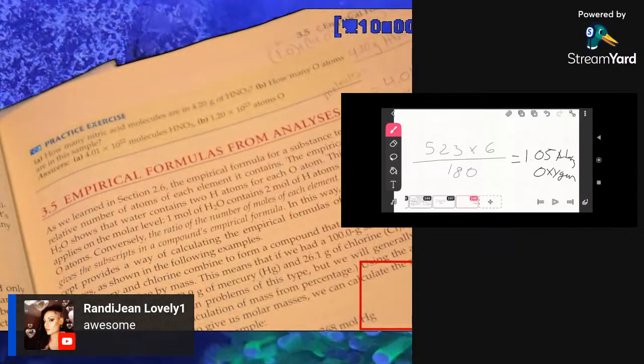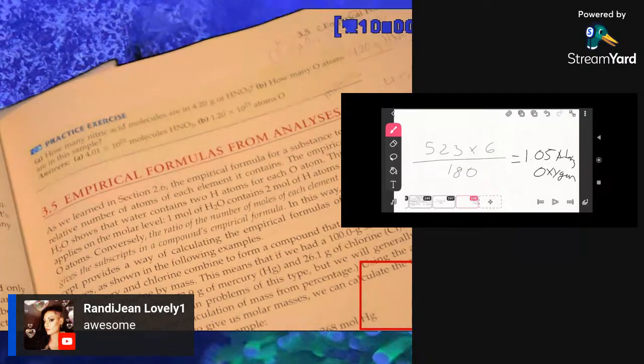All right. How many nitric acid molecules are in 4.20 grams of nitric acid, HNO3? How many oxygen atoms are in this sample? All right, let's go. Let's write down what we know.